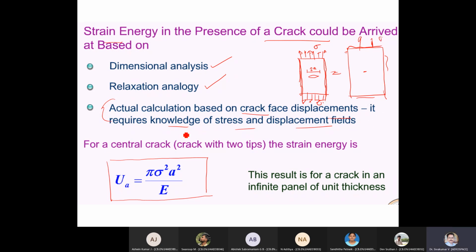So what is the strain energy accumulated in the crack zone? This is the strain energy, U_A = sigma square a square by E.